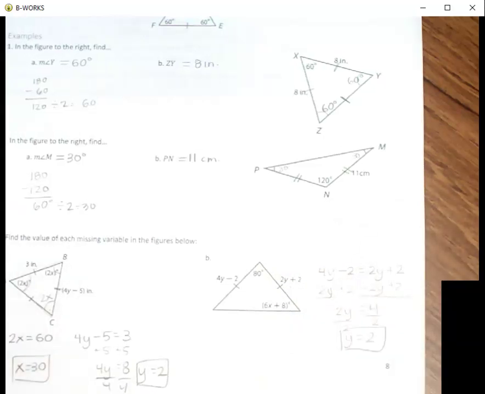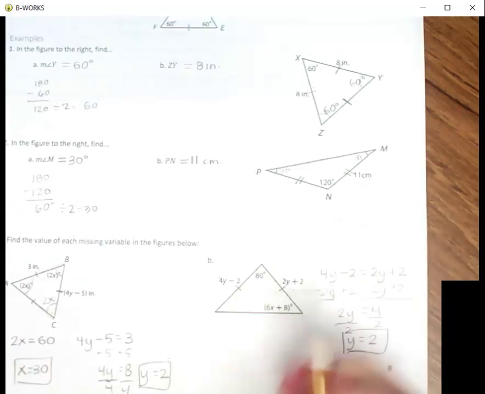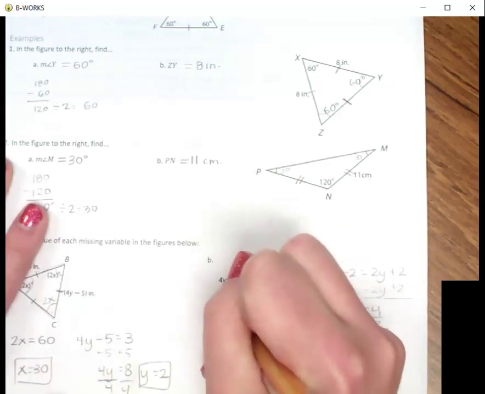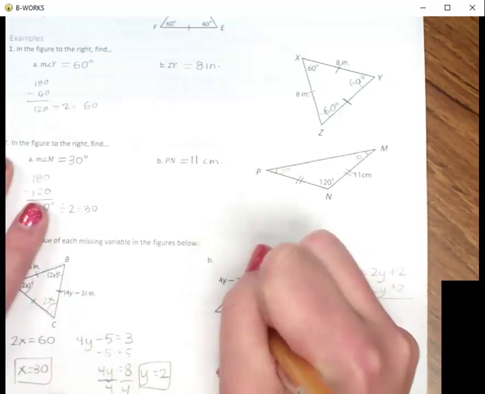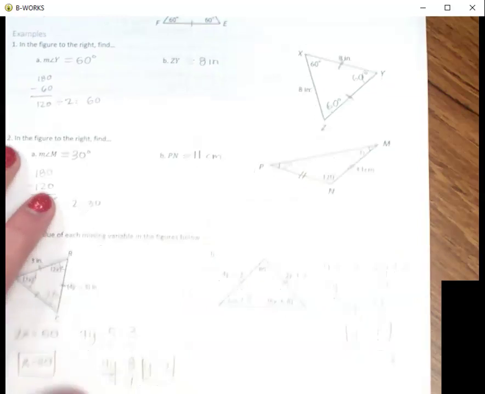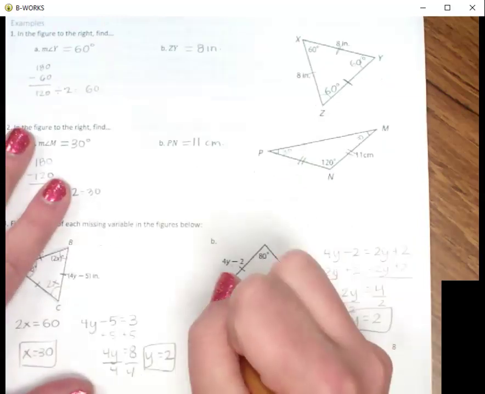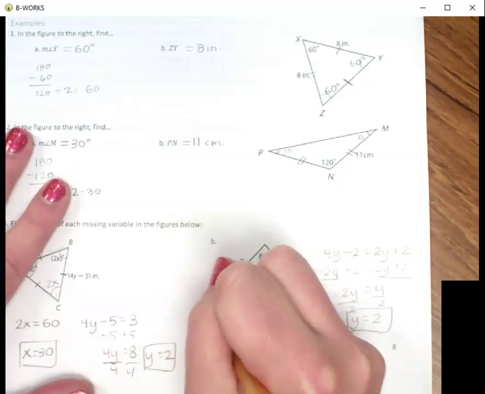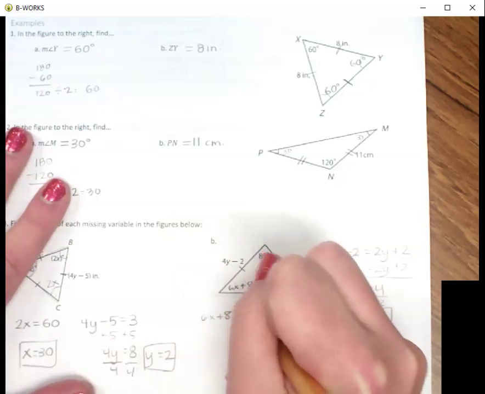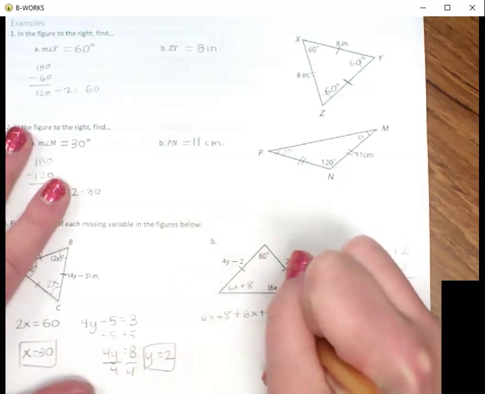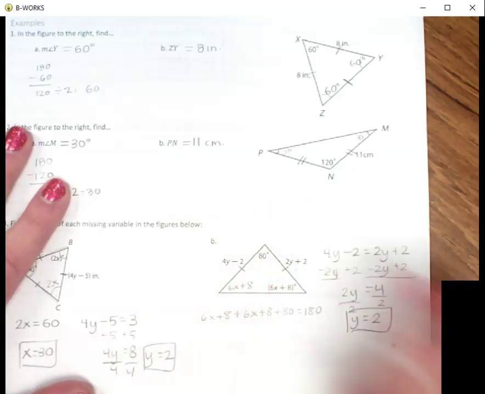Now, if this is an isosceles triangle, the base angles are congruent. So this angle down here on the bottom left is also 6x plus 8. Now I know the sum of all three angles is 180, so I'm going to say 6x plus 8 plus 6x plus 8 plus 80 equals 180.